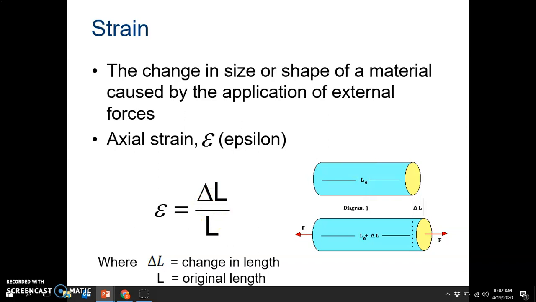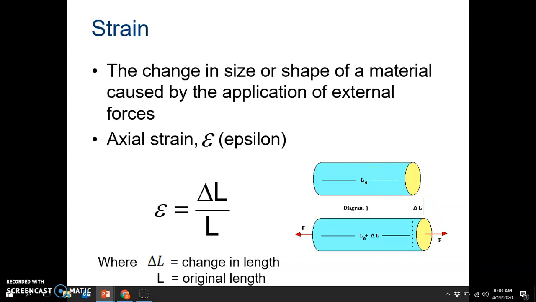And the units for this are actually interesting because it's unitless. So let's just throw in some numbers. Say this was 7 inches and this was 8 inches. The strain would be the difference, which is 1, divided by 7. So it's 1 inch divided by 7 inches, which would be inches over inches, which actually cancels.